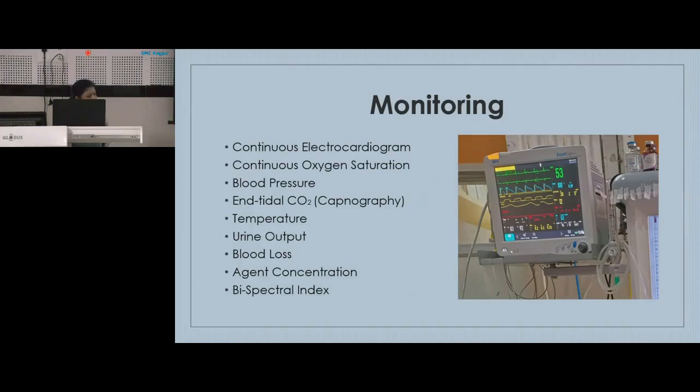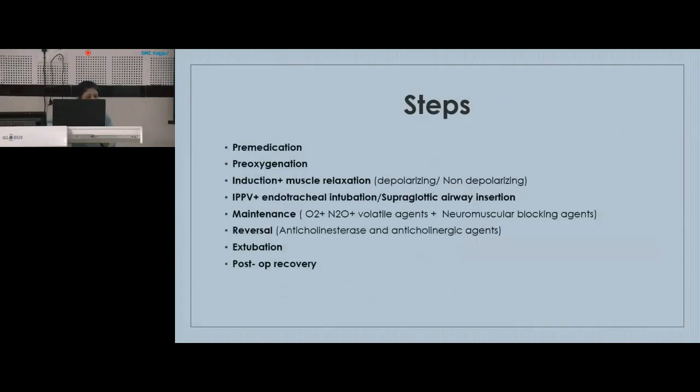with respiratory gas monitor. The different steps of general anesthesia are pre-medication, where we give drugs before the inducing agents. Then pre-oxygenation, then we give an induction agent to make the patient unconscious, and a muscle relaxant for vocal cord relaxation. Then the airway is secured with an endotracheal tube.